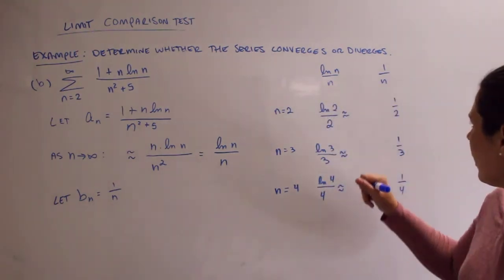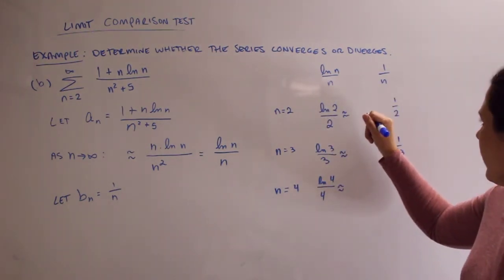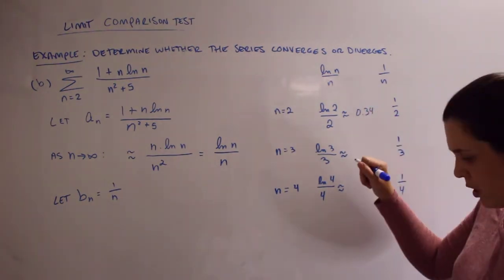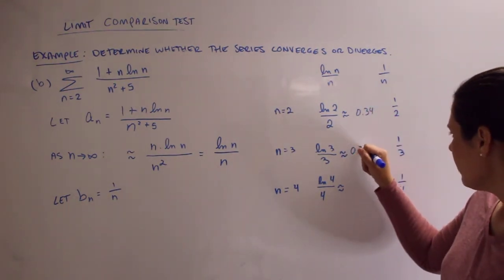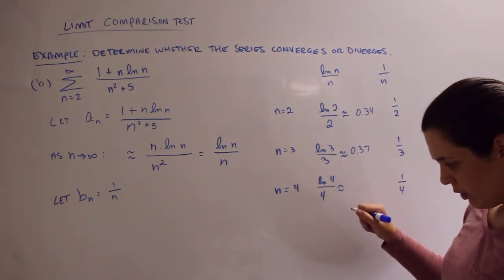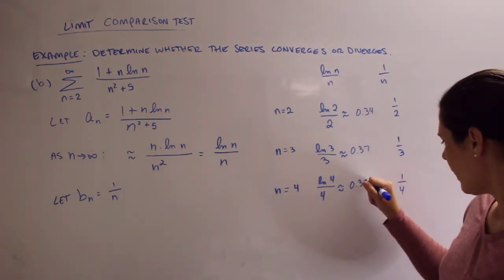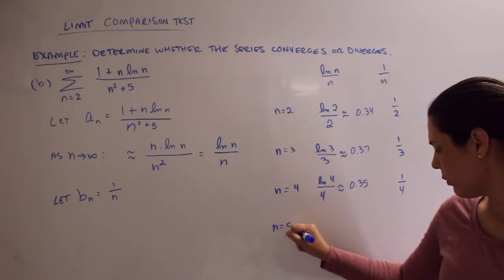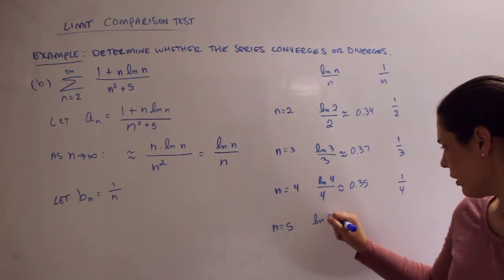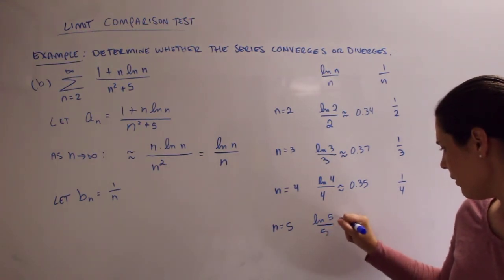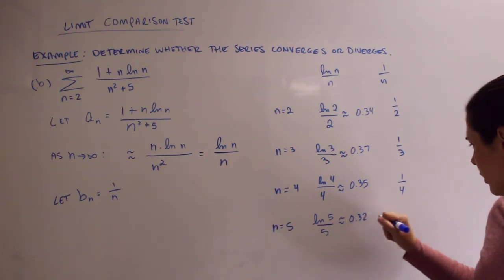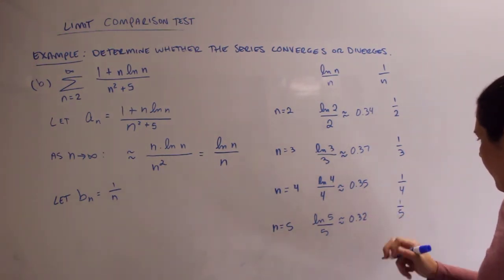We get 0.34 for natural log of 2 over 2, 0.37 for natural log of 3 over 3, and 0.35 for natural log of 4 over 4. Let's do another one: when n is 5, natural log of 5 over 5 is about 0.32, and over here it would be 1/5.